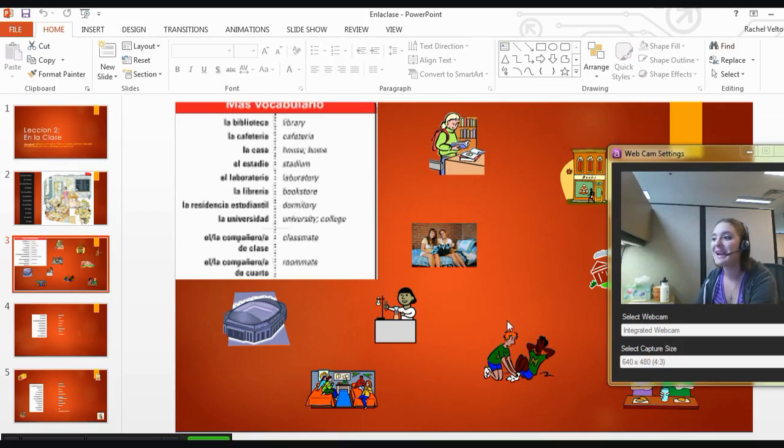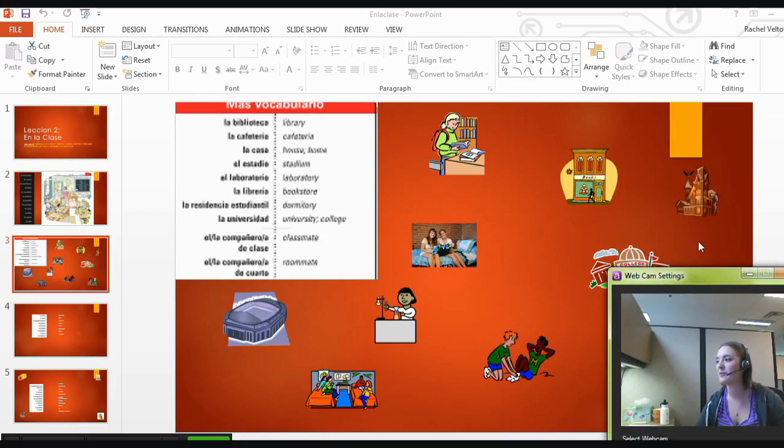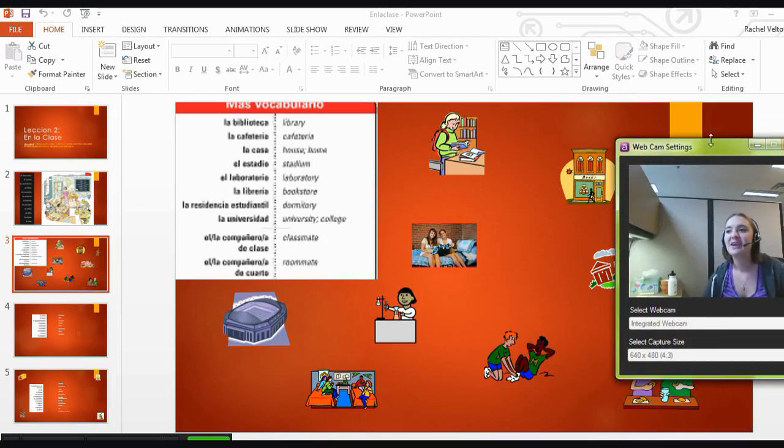After you have la casa, the house, and because it's close to Halloween, I have that spooky house up in the corner. Next you have el estadio, and this is a cognate word. It looks like the word for stadium in English. After that you have el laboratorio, which again is a cognate word for laboratory. Next you have la librería, which is the bookstore.